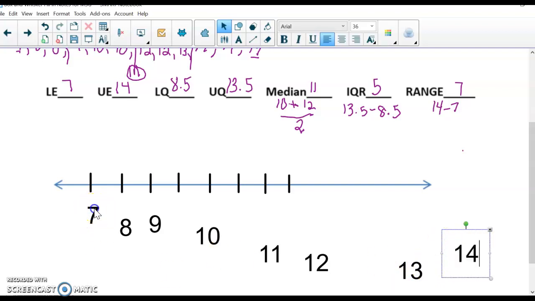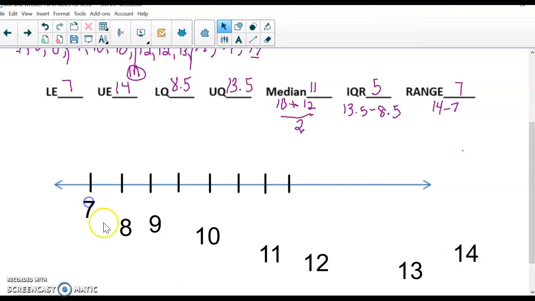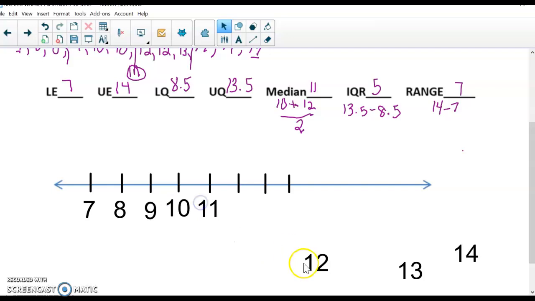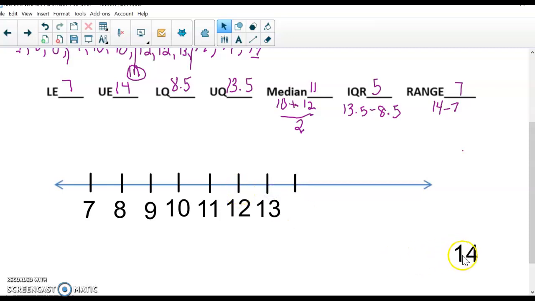And I'm going to put these numbers right underneath here. And notice how I'm trying to keep it pretty much uniform distance.